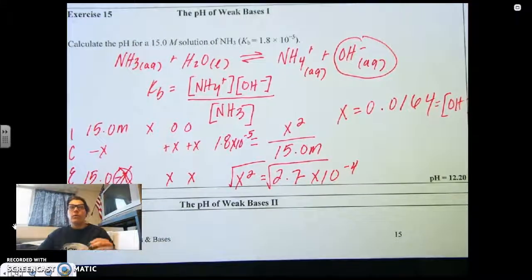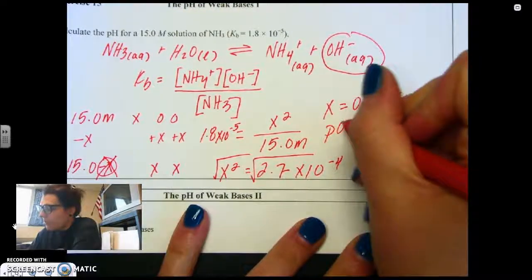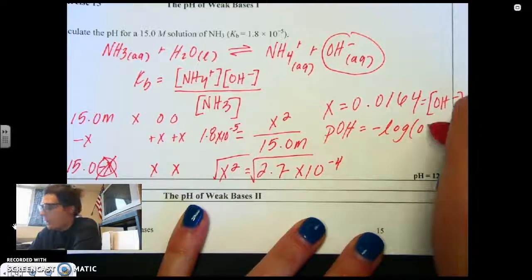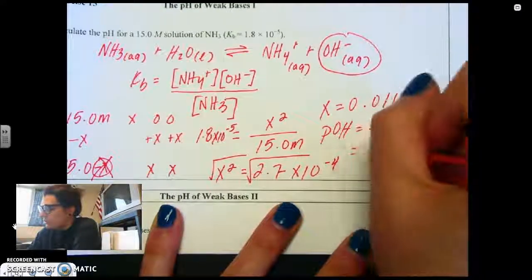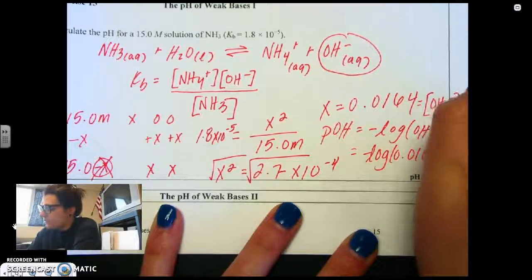Now, we can solve for the pOH, but we have to remember that we have to go one step further because our scale is based off of pH, okay? So pOH is equal to the negative log of OH, which is equal to the negative log of that 0.0164.